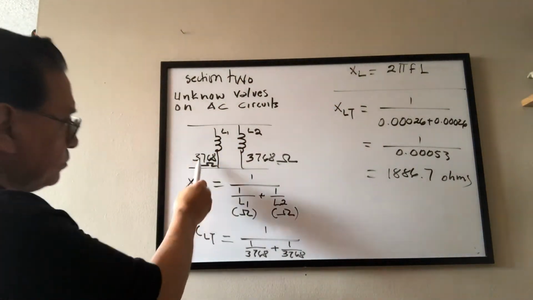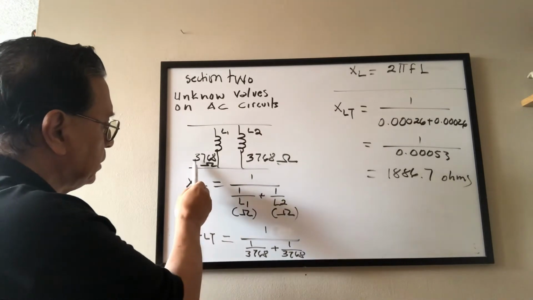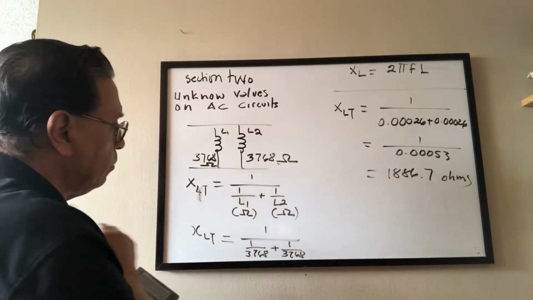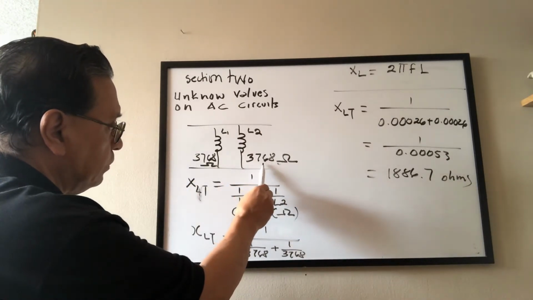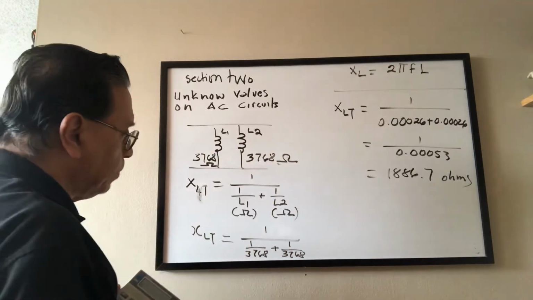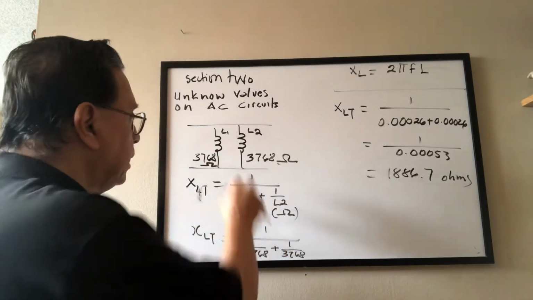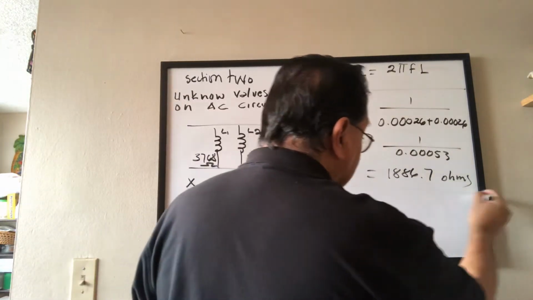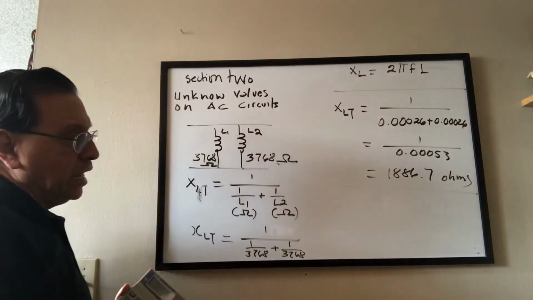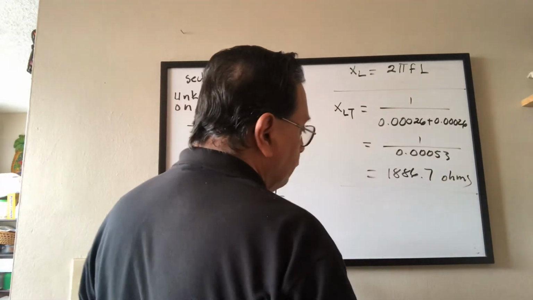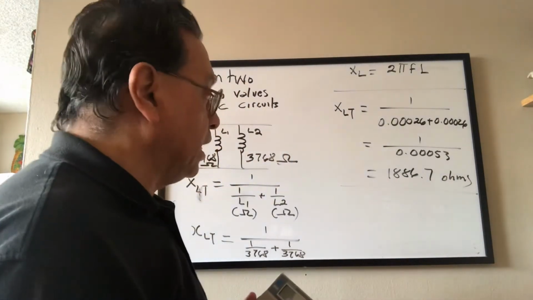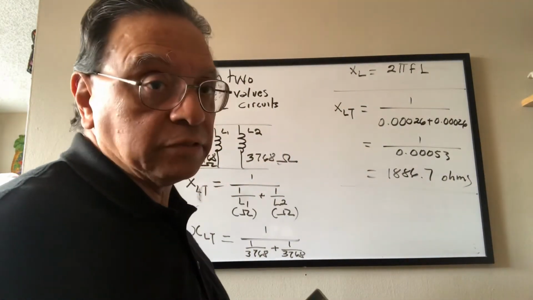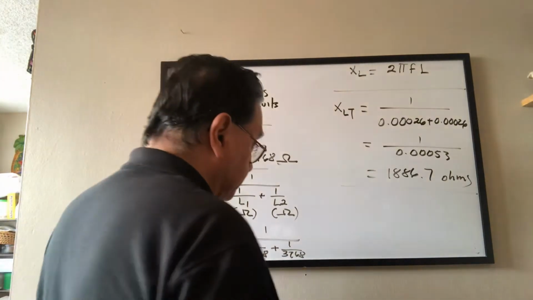In my case, the ohms for each of these is 3,768 ohms, both of them in parallel. Apply the formula, and these two inductances present to the source of voltage a total resistance of 1,886.7 ohms. Okay.